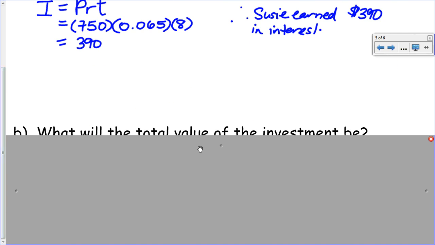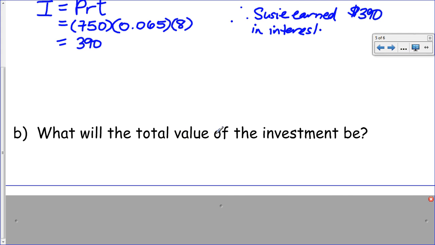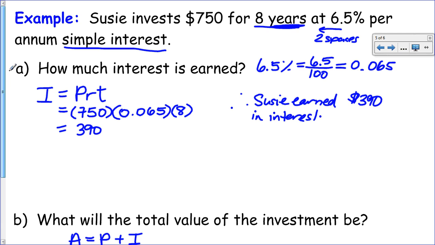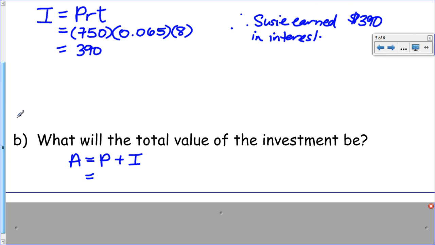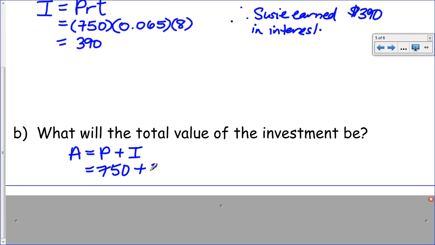And now the second part of that question is, what will the total value of the investment be? So that's her accumulated amount, which is this formula, her principal plus the interest she earned, and her principal, let's go back because I forgot already, 750. And the interest, we just calculated that in part A, that's 390. Just going to put that here.